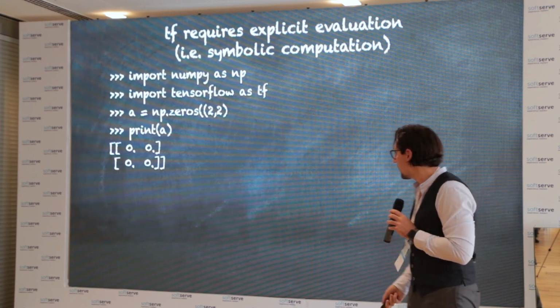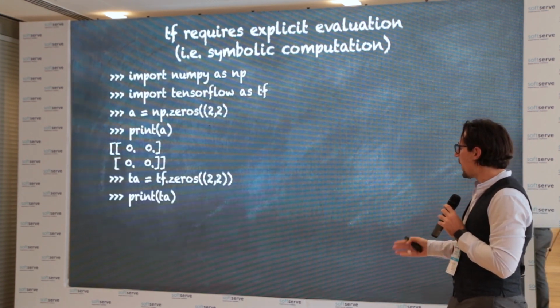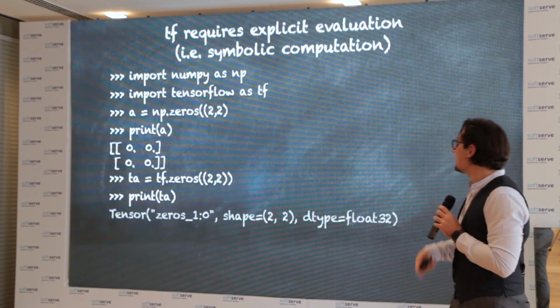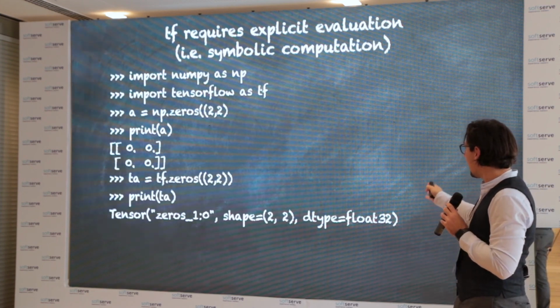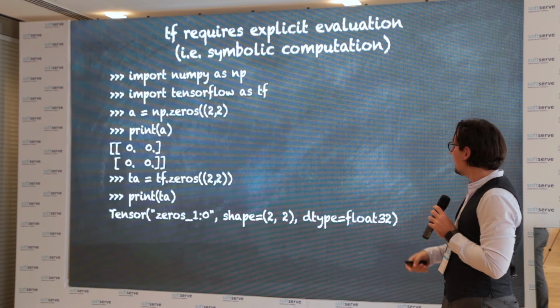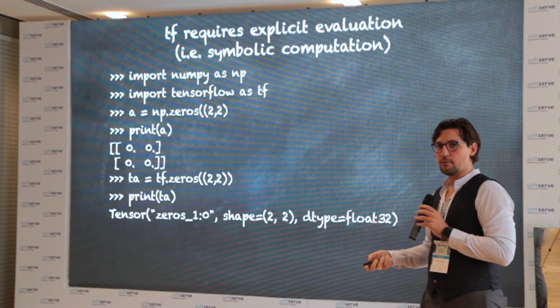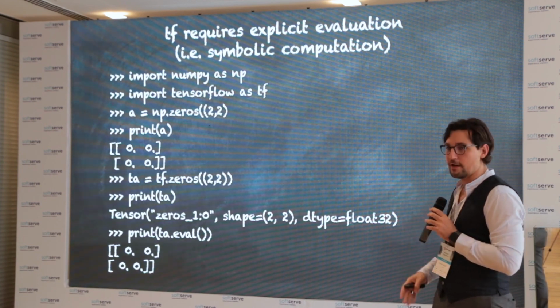Expected, no problem. If we want to do the same with the same API in TensorFlow and you want to print it, this is instead what you get. This is just a tensor object of that shape with no value in it yet. Because TensorFlow requires what is called explicit evaluation. So you have to evaluate the tensor object and then you get the value.